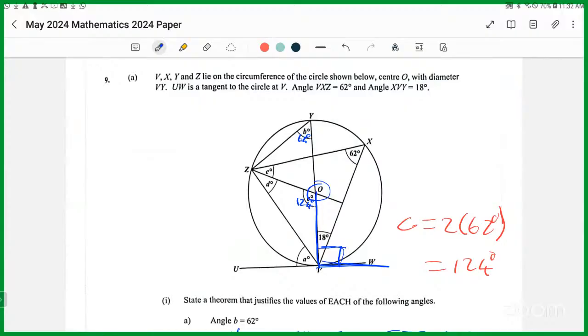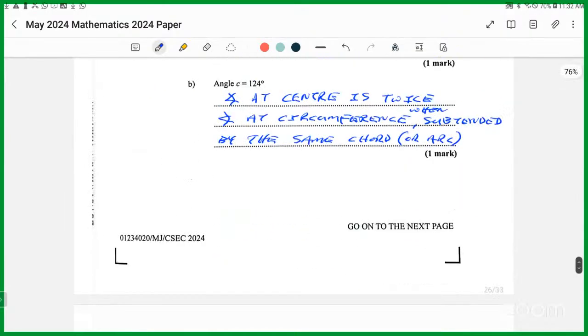That's the tangent and radius rule. Angle between a tangent and a radius is 90 degrees at the point of contact. So that is the rule, tangent and radius rule. That's why that angle is 90 degrees right here. Simple as that.